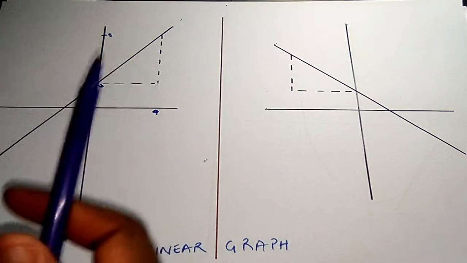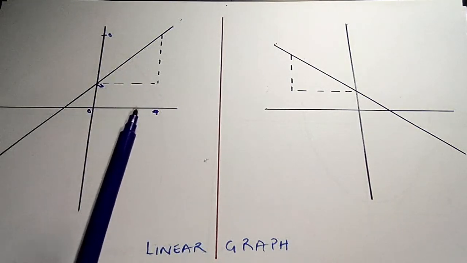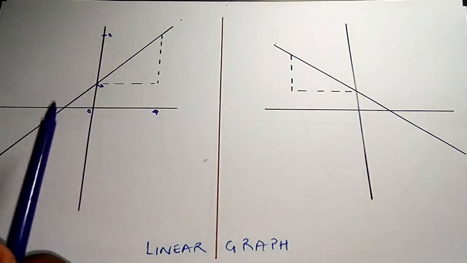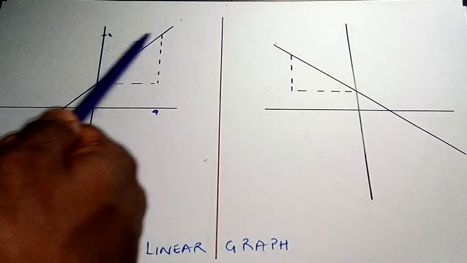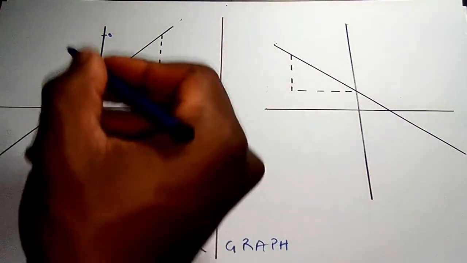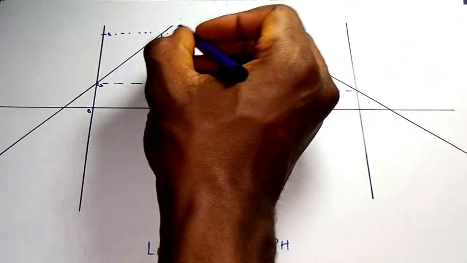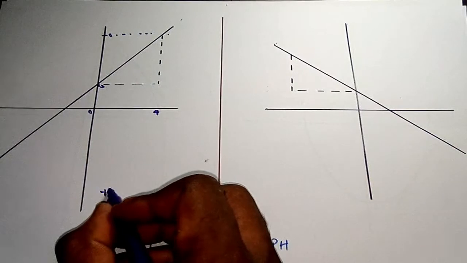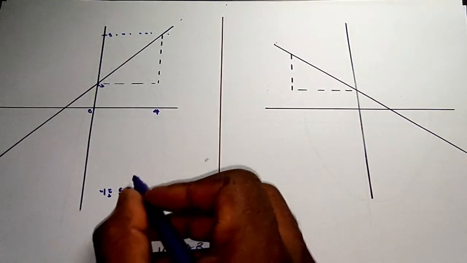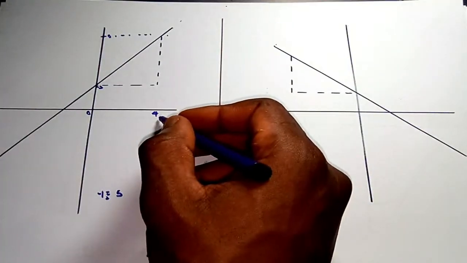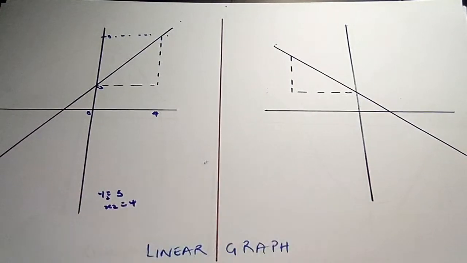Looking at this, obviously this is a positive gradient graph. So here we'll call this y2. In your graph, you trace from here to here. So this is your y2. You could write it down as y2 equals 5, and then x2 equals 4.